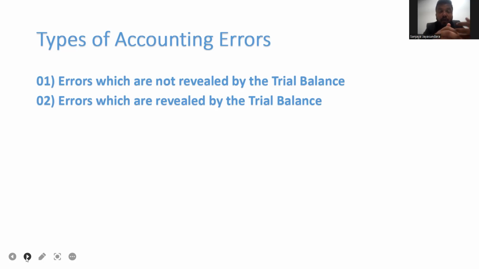Basically, if you go through past papers, you can see there are questions based on both types of errors. Under the first category, errors which are not revealed by the trial balance, those are like smart lies. It is very difficult to recognize these errors from the trial balance. That is, on one hand, a weakness of the trial balance.